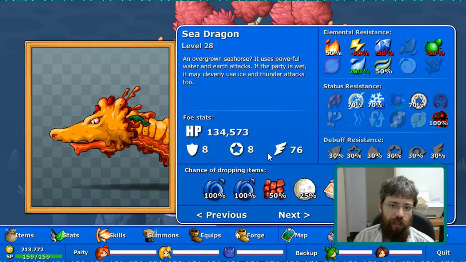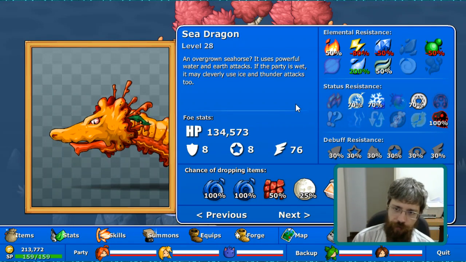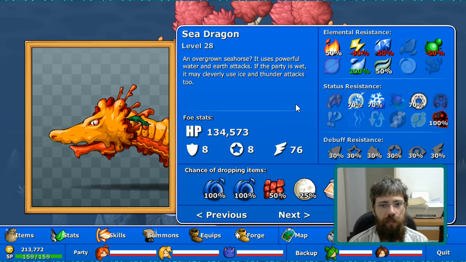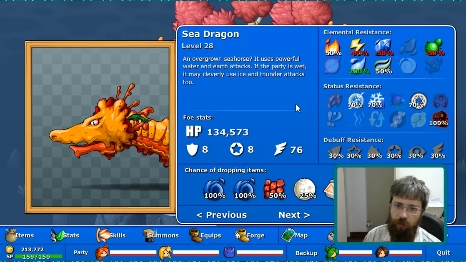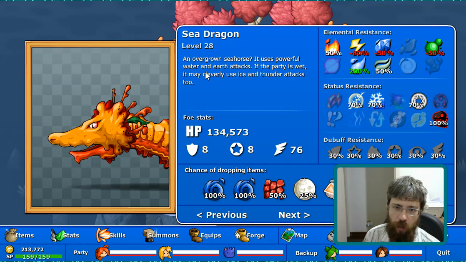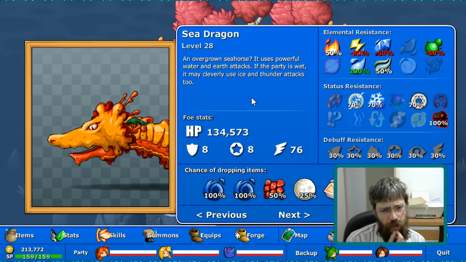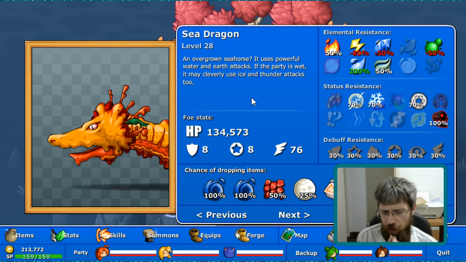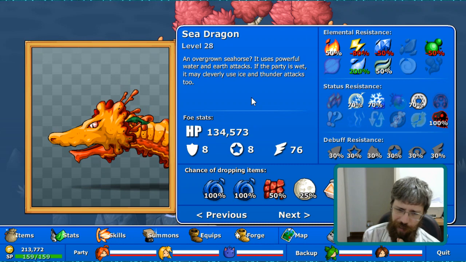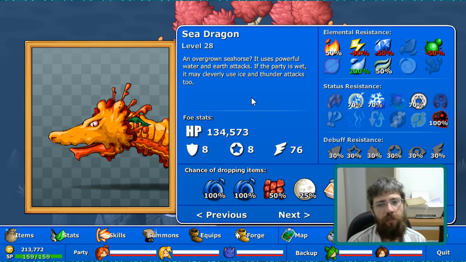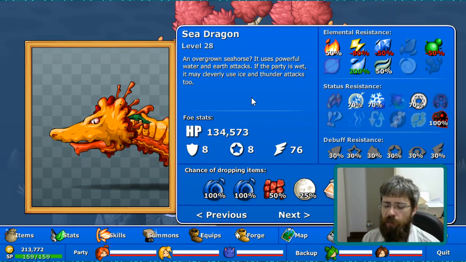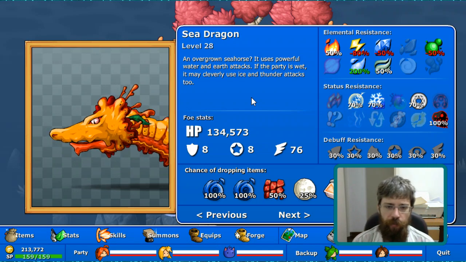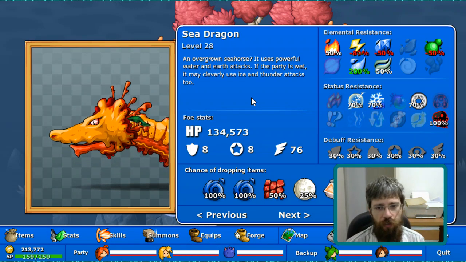Well, considering the name and the drops, and perhaps even the idea that it uses powerful water and earth attacks, not sure if there are weak dragons in... we have stuff like kobolds, but I don't know. But in many depictions of dragons they are powerful creatures, right?